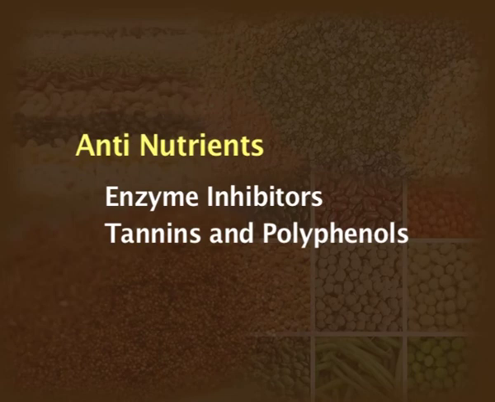Now, the various anti-nutrients are a couple of them. For example, the enzyme inhibitors, the tannins or the polyphenolic compounds, and also the phytates, as I spoke to you earlier.